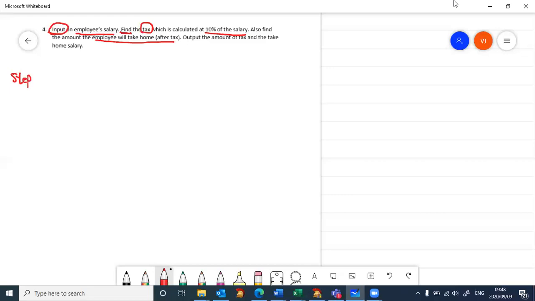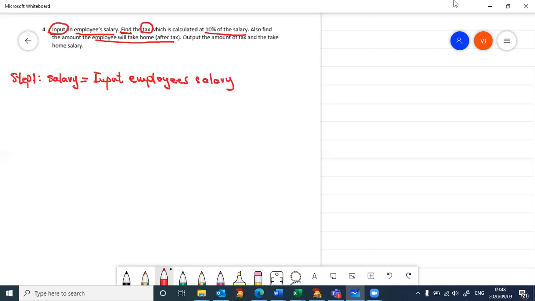Step one, let's start with the input. Input an employee's salary. So it's just one value that needs to be input, which is the employee's salary. So I'm going to say salary equals, and we're going to say input employee's salary.